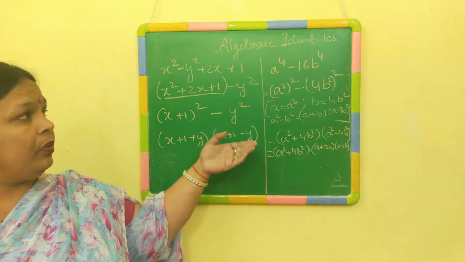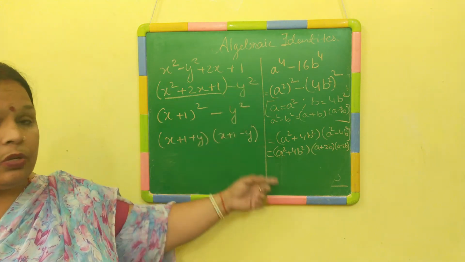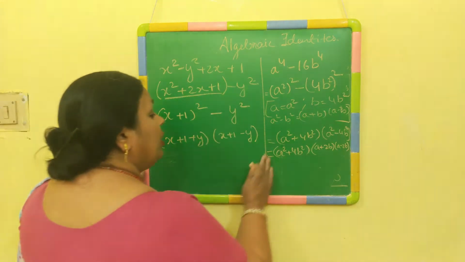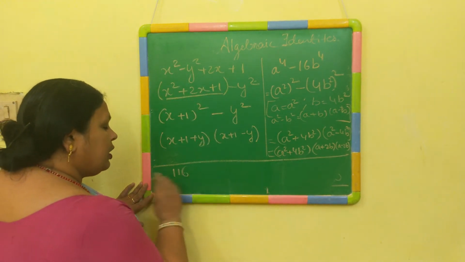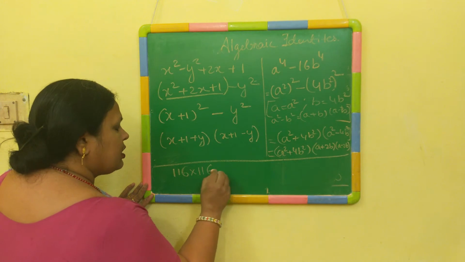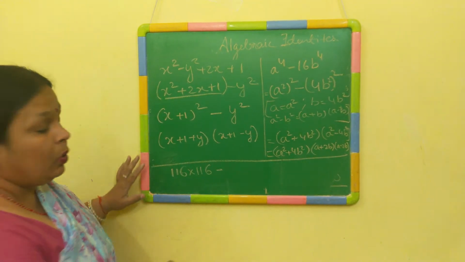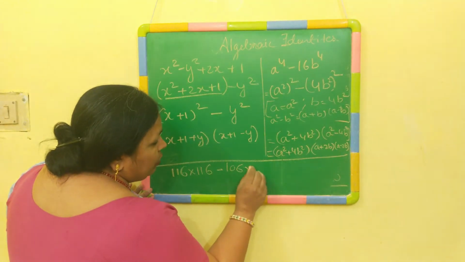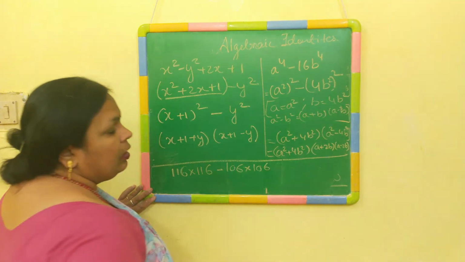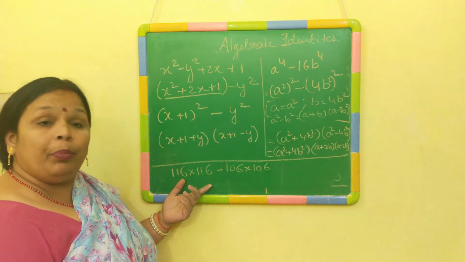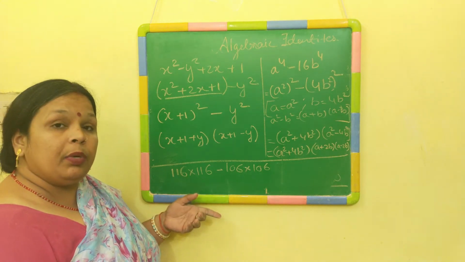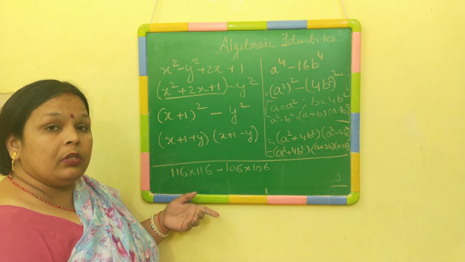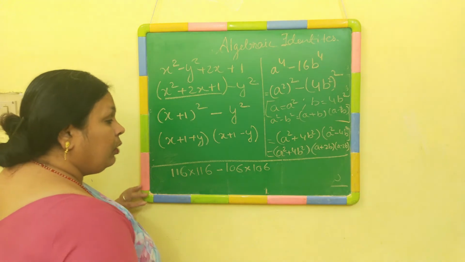So if we take one more example based on the same one, the next example which we are taking is 116 into 116 minus 106 into 106. Now will you practically multiply 116 into 116 and then subtract 106 into 106? No. We will be doing smart work here.